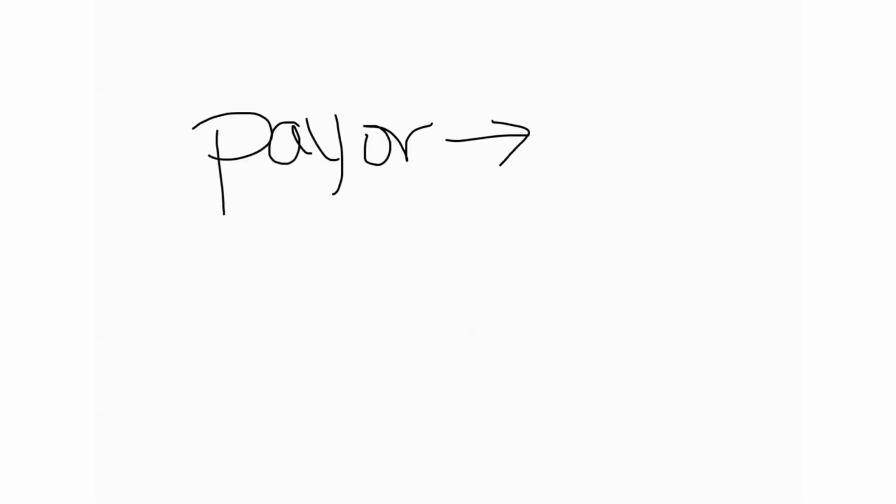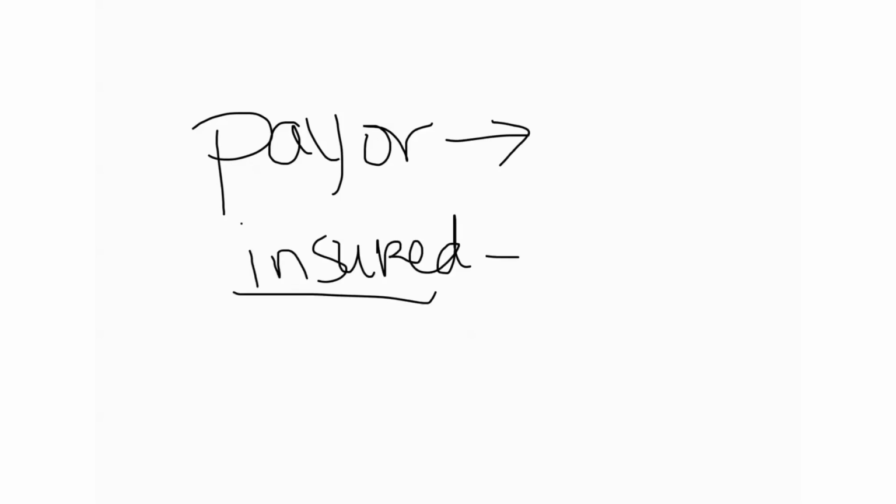Now, you know that the payor is the person who pays for the policy. The insured is the person whose life it's based on. And then you have the owner. So let me just go through this because I want you to be clear on these things. We could have a life insurance policy.